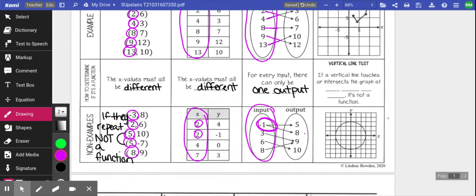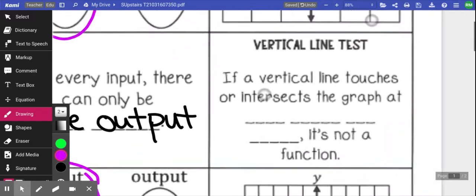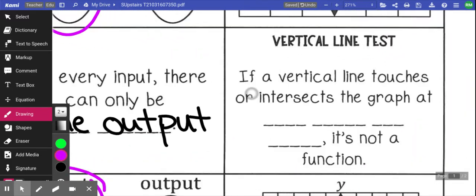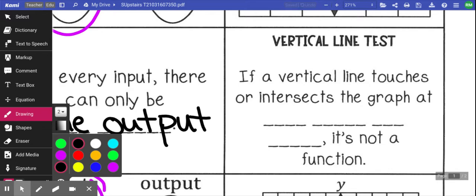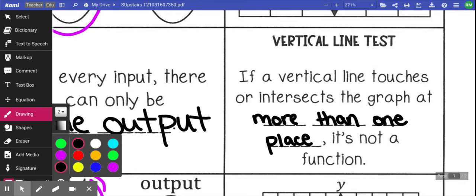Okay. Next one. Let's talk about the vertical line test. So vertical line test. If a vertical line touches or intersects the graph at more than one place, it's not a function.